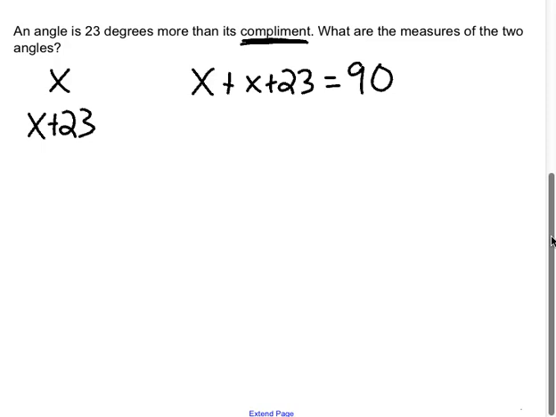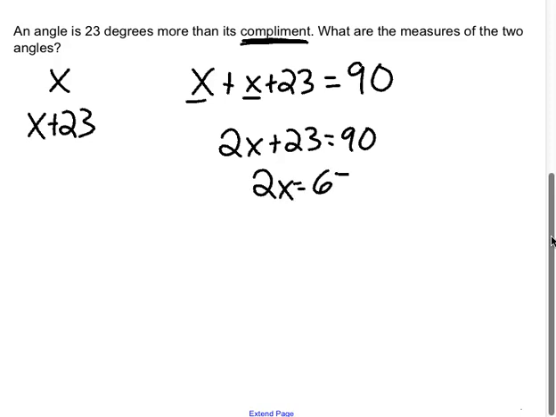So I have to add the two together. Now I have two like terms I can combine. So 2x plus 23 equals 90. Subtract the 23 from both sides. So 2x equals 67. Then I can divide by 2.